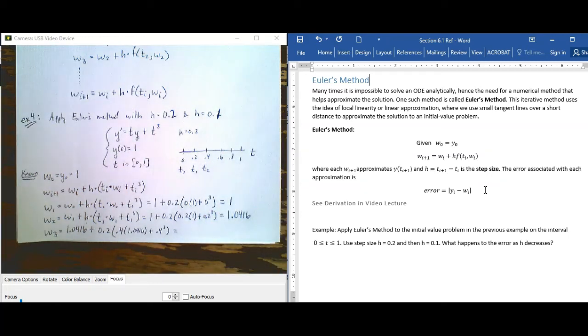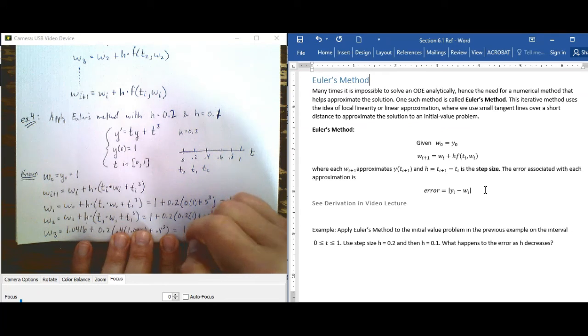Let's see what that gives us. Getting 1.137728.